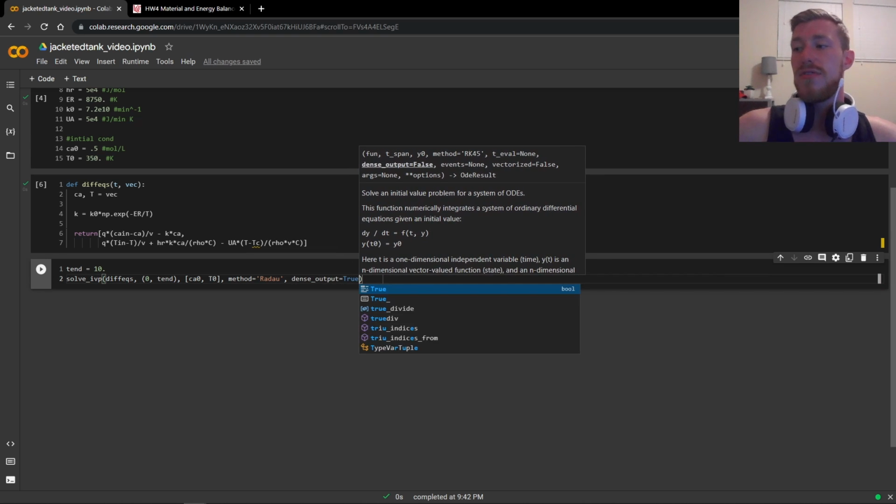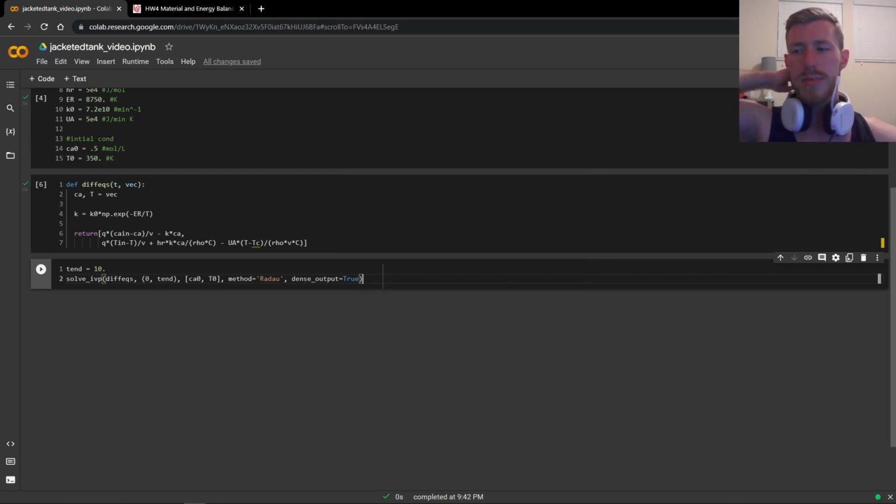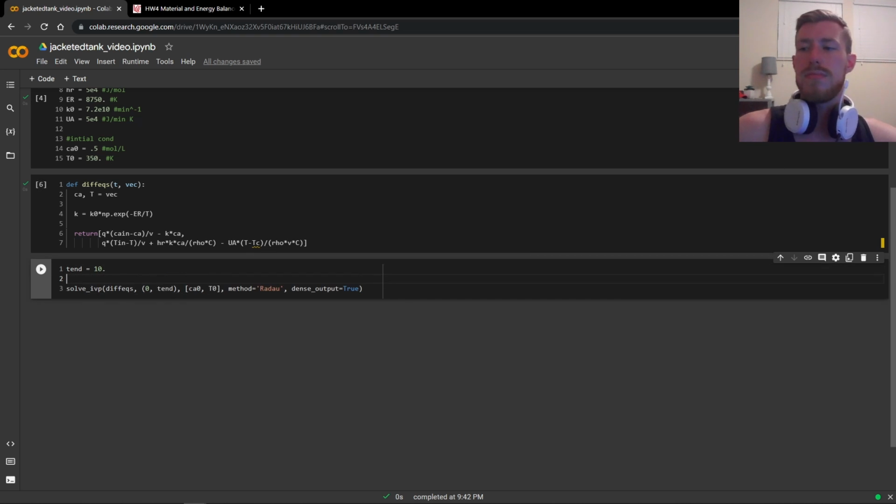true. So instead of just enabling, what's the word that I'm looking for? Dense output basically produces the actual function. It allows for the production of an actual function that matches the differential equations, in terms of t.